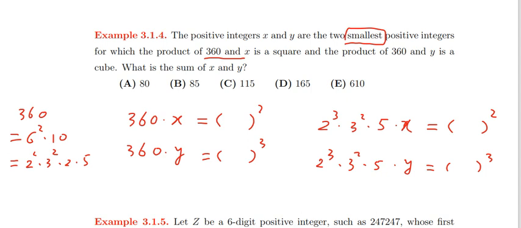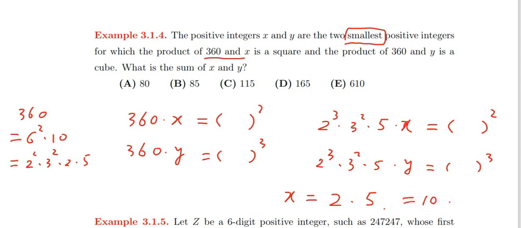From here we find x: we have 2 cubed, so x should have one more 2. Then 3 squared is okay. Then 5 to the 1, so we need one more 5. So the smallest x is 10.